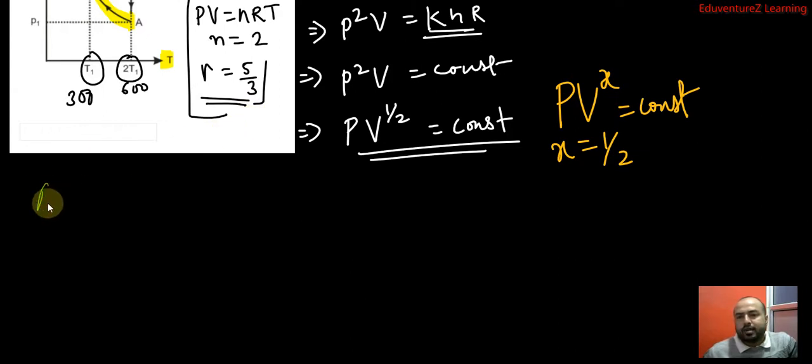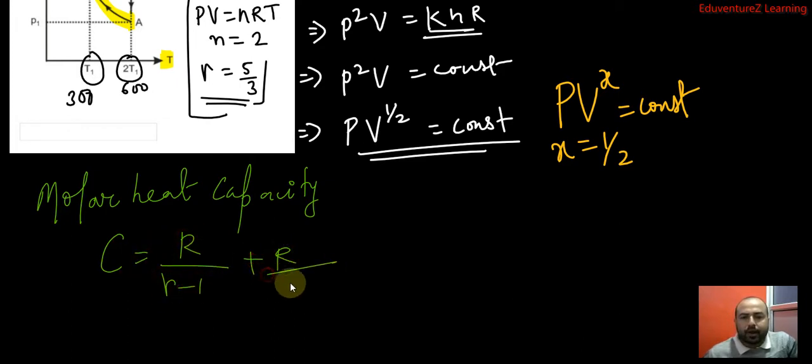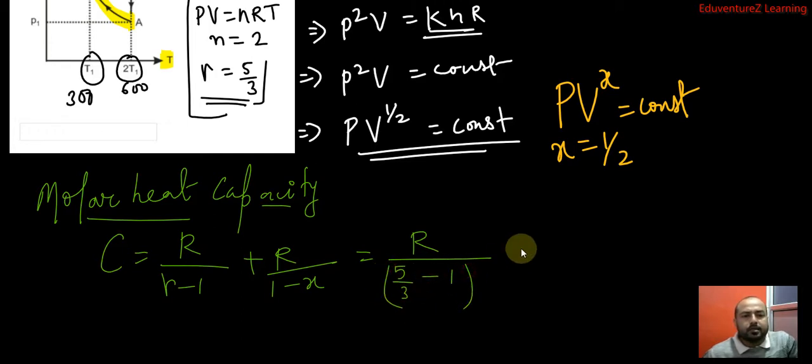For calculating molar heat capacity, we know the formula C equals R upon gamma minus 1 plus R upon 1 minus x. For any type of process, we can write this formula to calculate molar heat capacity. Now, R upon gamma minus 1, for monoatomic gas gamma is 5 by 3, plus R upon 1 minus 1 by 2.